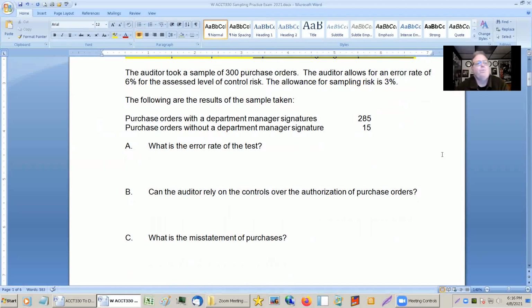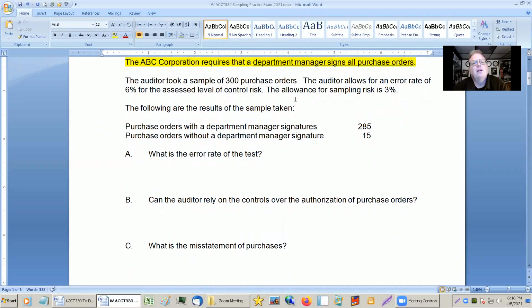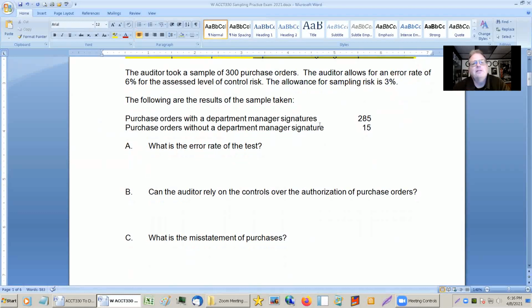Is it 6%? I think less. Is it 5%? Yeah. Yep.